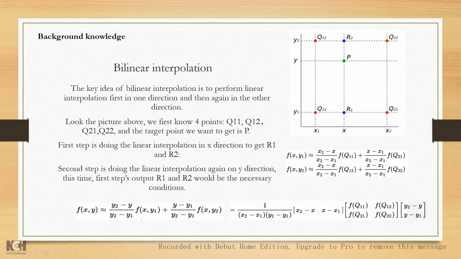We will first do the linear interpolation in x direction, that is, use Q11 and Q21 to get the point R1, and then use Q12 and Q22 to get point R2. Then, do the linear interpolation again in y direction, that is, use R1 and R2 to get target point P. And the equations I listed here, I think we can understand it easily.